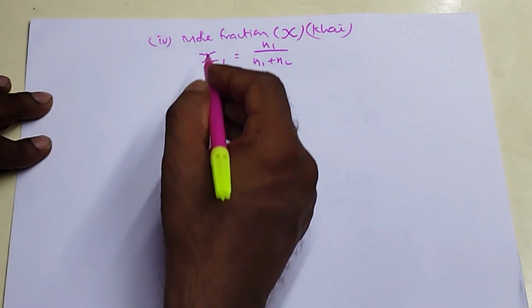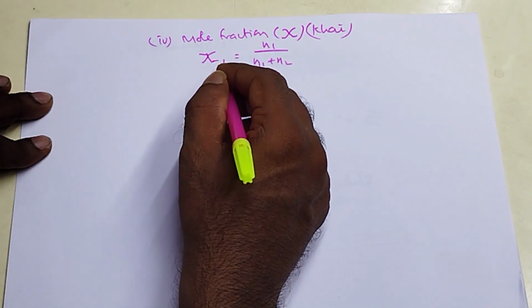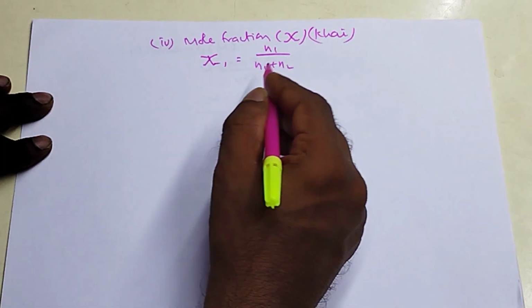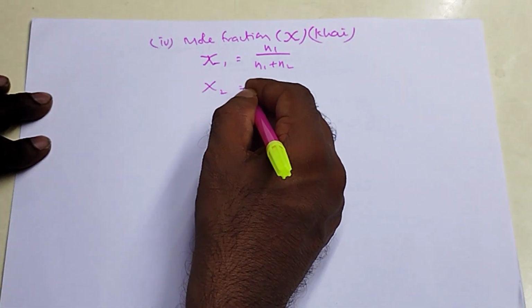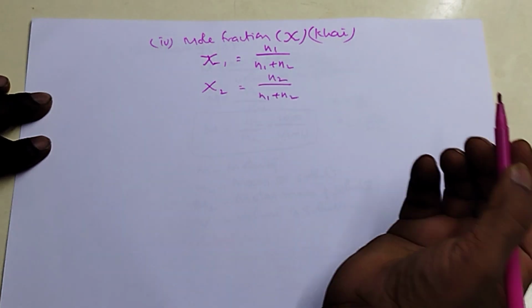Here 1 means solvent and 2 means solute. So to calculate the mole fraction of solvent, it is the number of moles of solvent divided by the total number of moles of solute and solvent. If you want to find chi 2, then it is N2 by N1 plus N2.